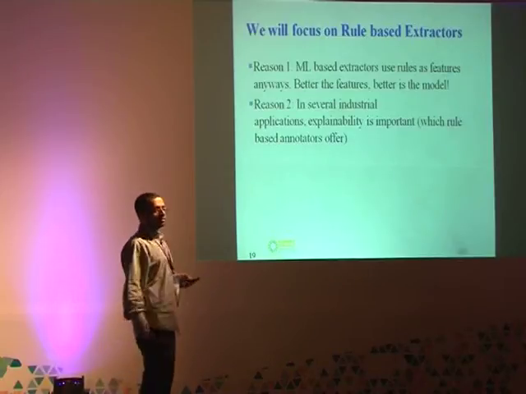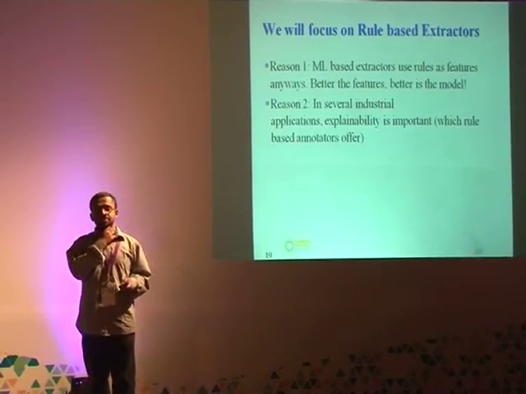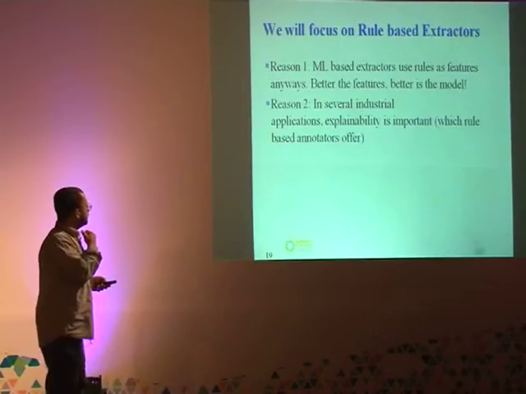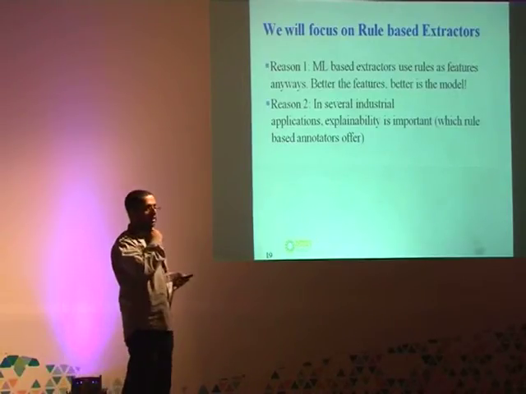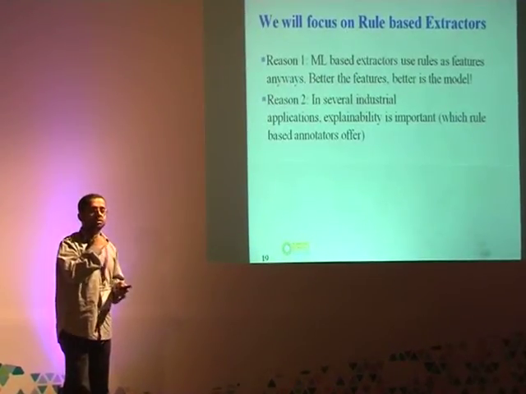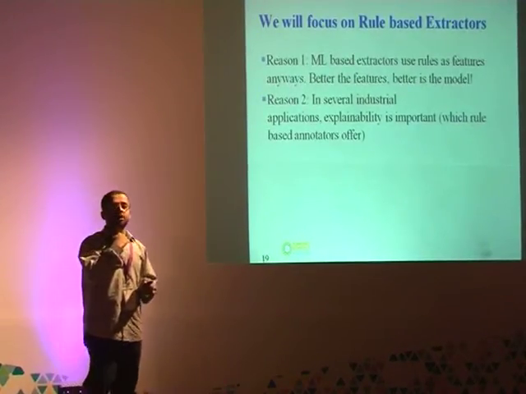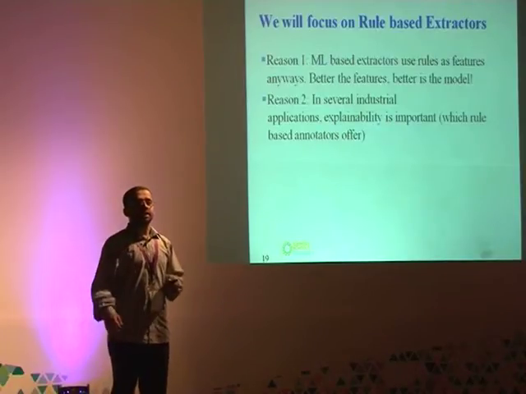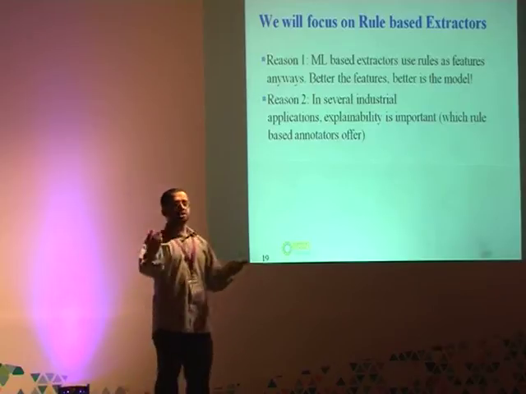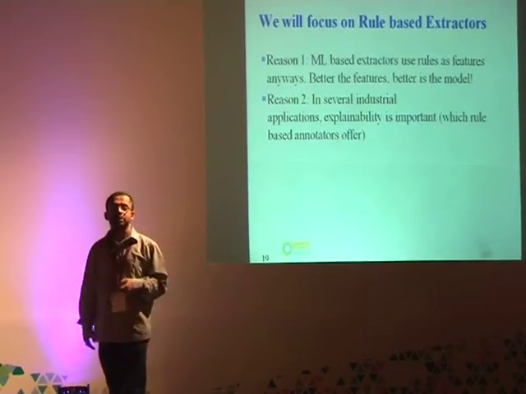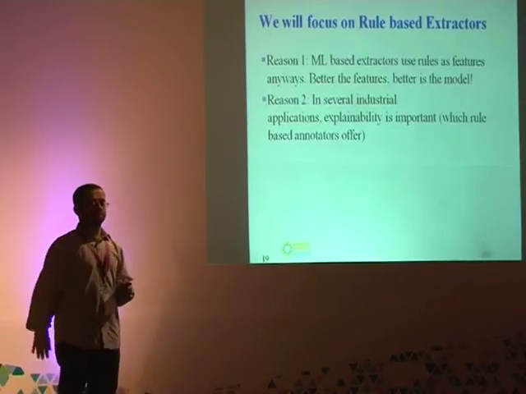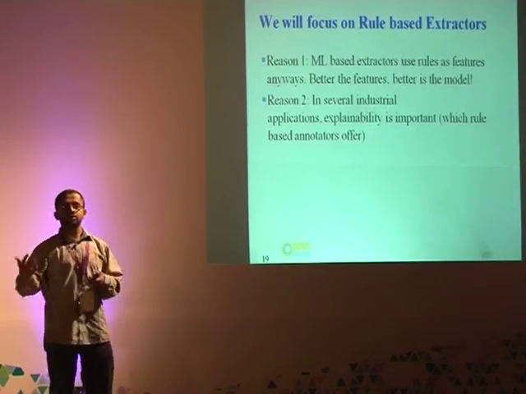And the second reason comes from my own industrial experience at IBM Research for 5 years. In many of these applications, some amount of explainability is found to be important. If you have probabilistic models, like hidden Markov models, the explanation for a particular annotation coming up is primarily in terms of the probability values and the MAP distribution. You need to look at how the Viterbi algorithm is functioning.